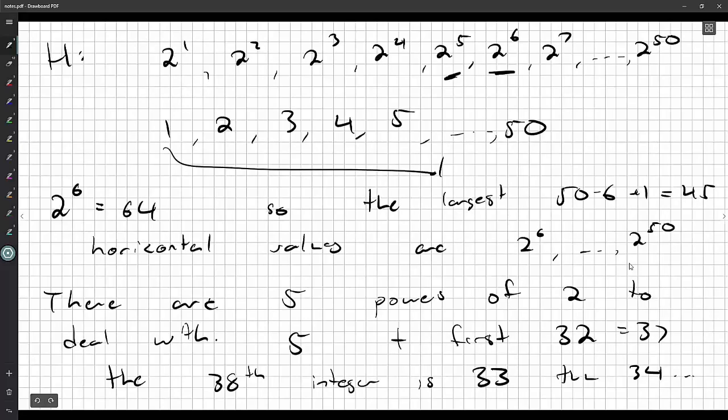It was 45, so 50 is the 100th position. No, this is the 100th position. And then this is the 56th position. 56, 57, 58.